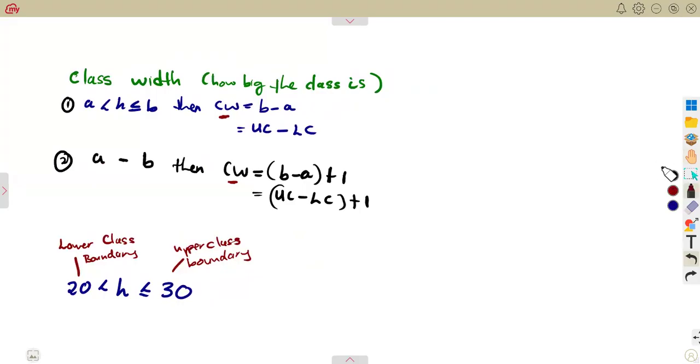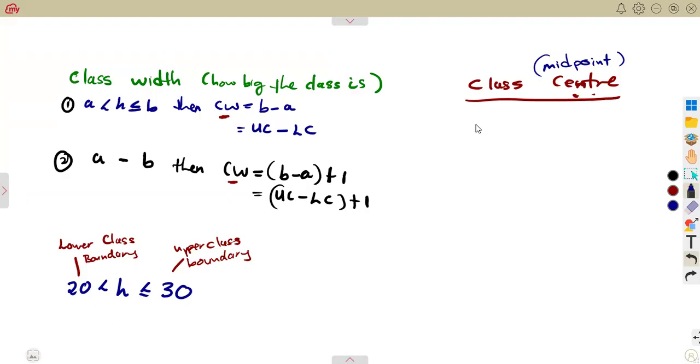All right, another part is the calculation of the class center. The class center is simply telling us the center of the class, or just like the class midpoint, the midpoint of the class, a midpoint in between the given numbers.